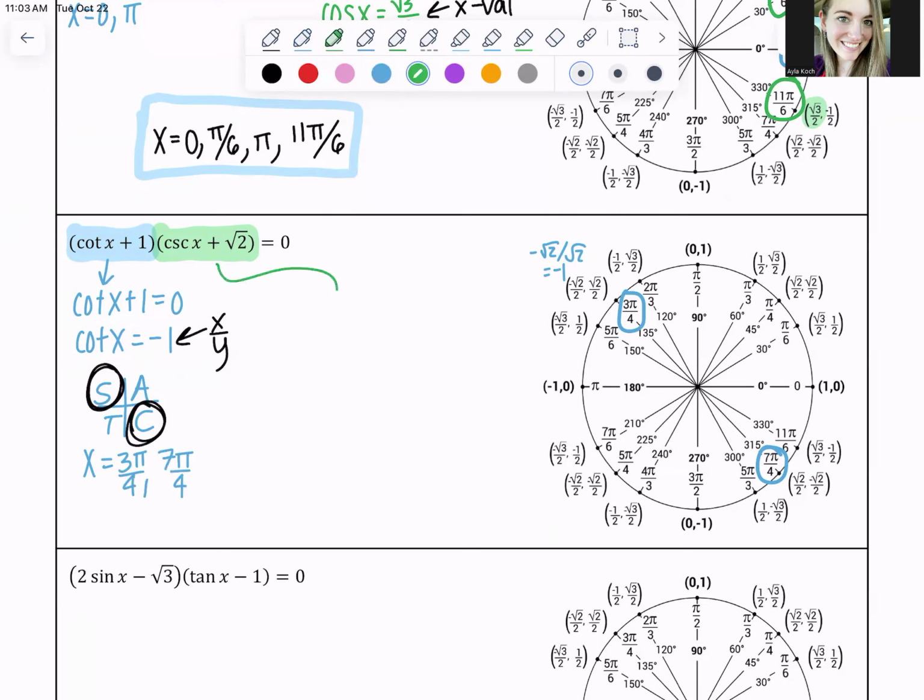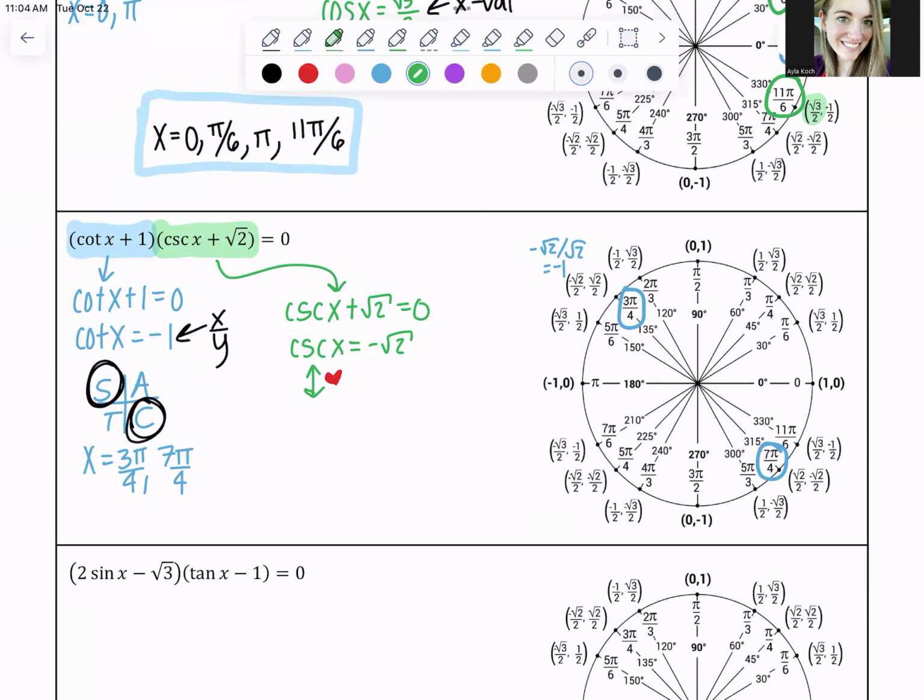And then for the next equation, we have cosecant of x plus square root 2 is equal to 0. Cosecant of x is equal to negative square root of 2. We look at the soulmate, the forever partner of cosecant, which is sine.